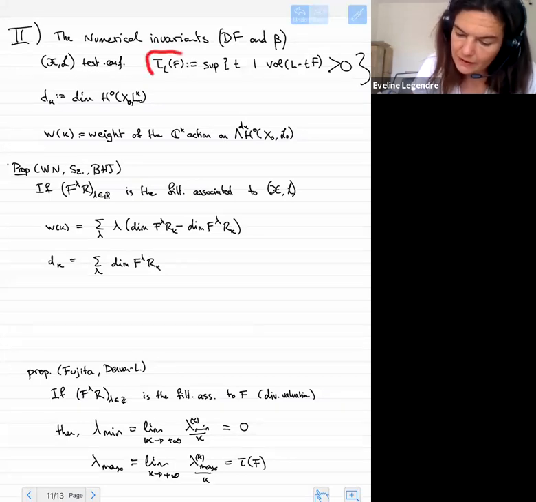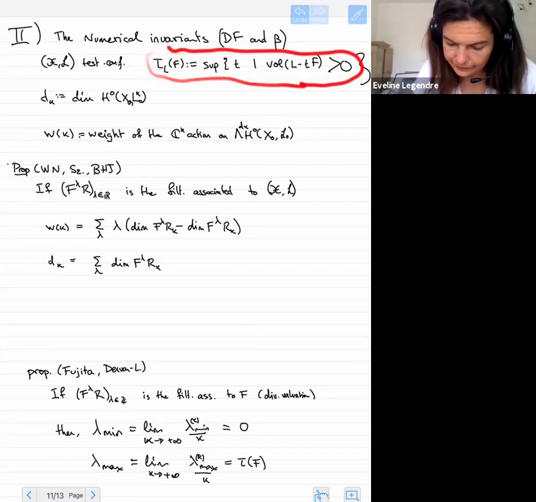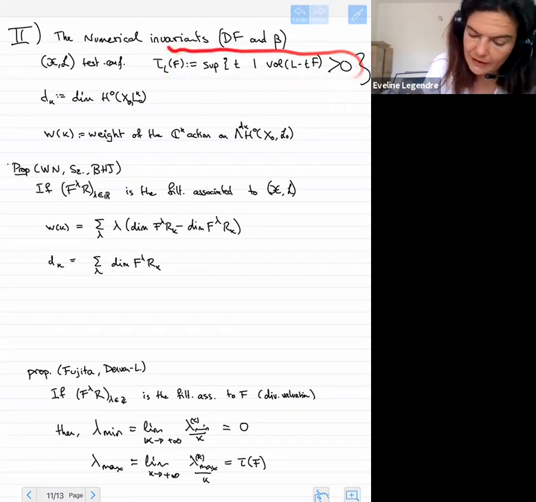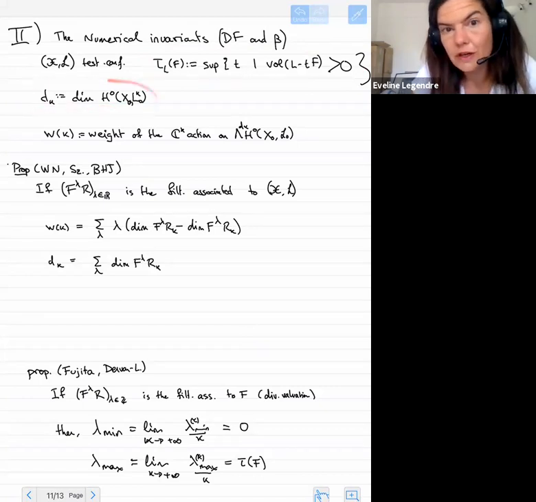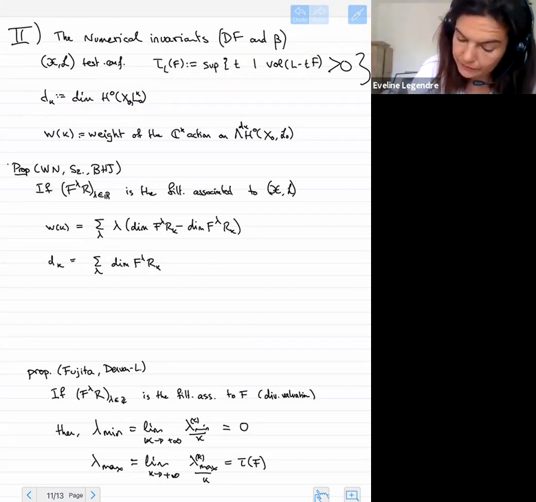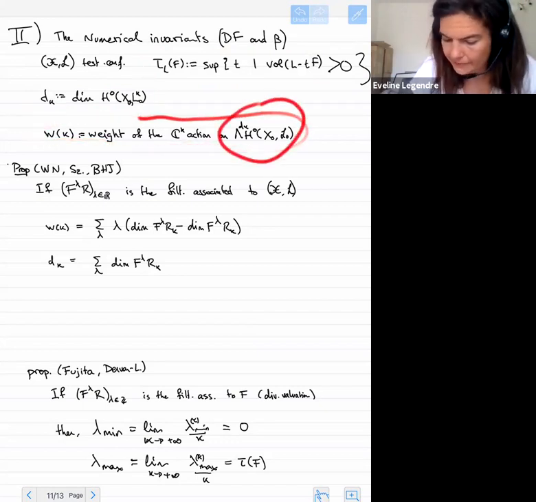The pseudo-effective threshold, tau, is defined this way. And as I defined before, dk is the dimension of the space of sections over the central fiber, and wk is the weight of the C star action on that line.